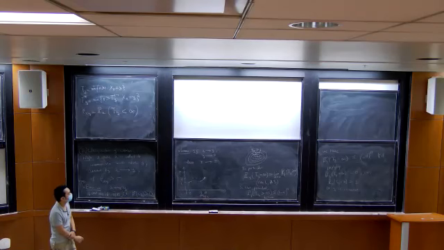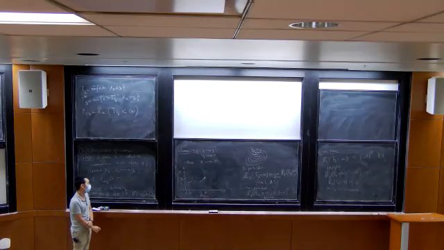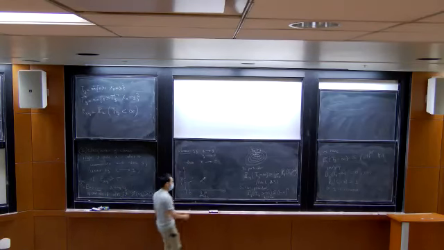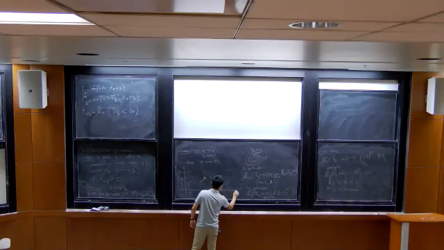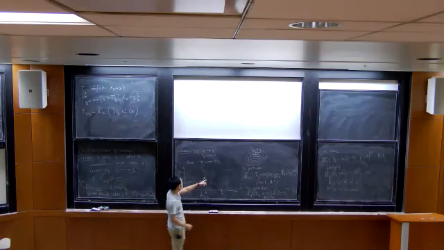Similarly, if Y could communicate with Z, that means there is some other index, let me call it K. Starting from here, because this is a Markov chain, forget the past. Starting from here, I will have to hit Z in K steps.